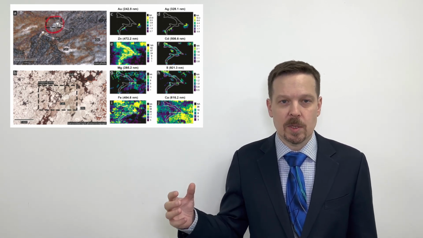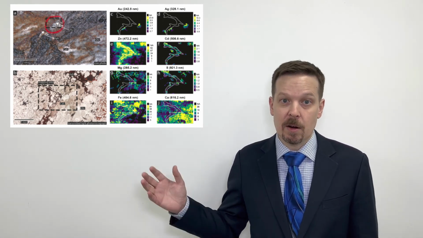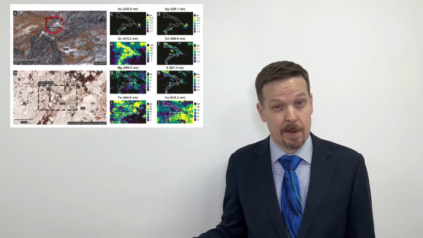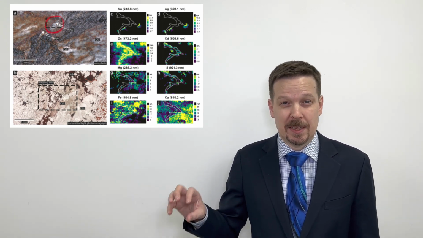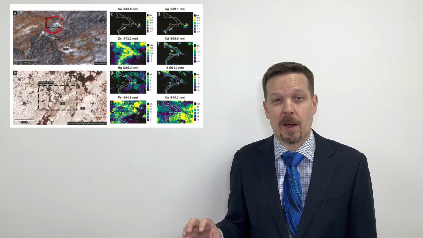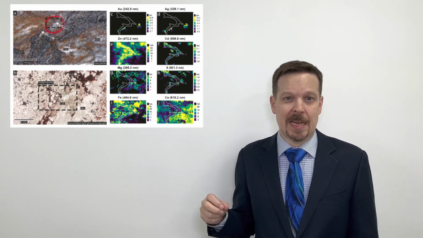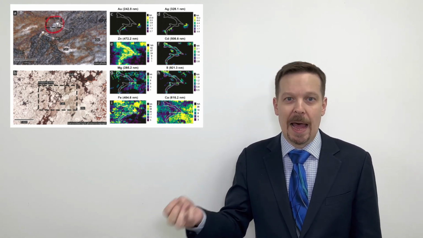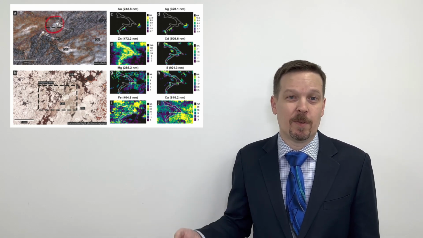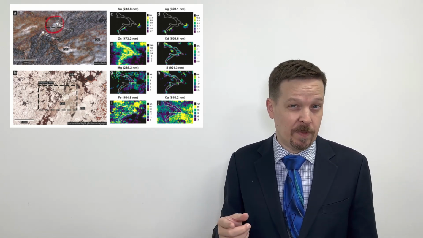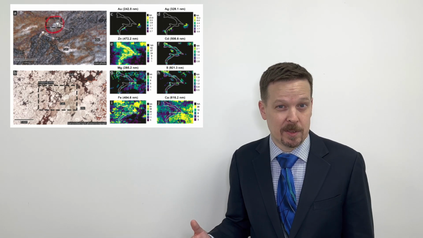So if the gold is surrounded by calcium and carbon, basically calcium carbonate, what happens is that the carbon in the calcium carbonate eats up the cyanide, which is used to pull out the gold. And so therefore, that particular gold vein would not be economical to mine.